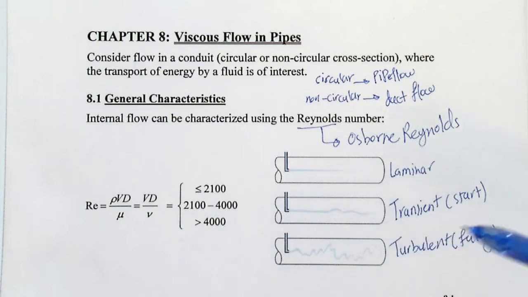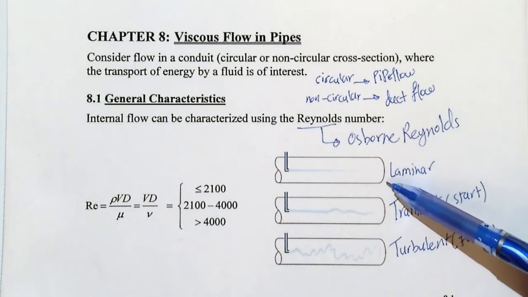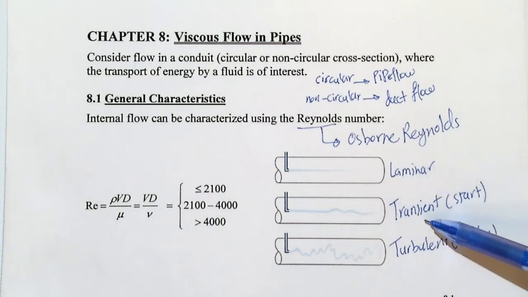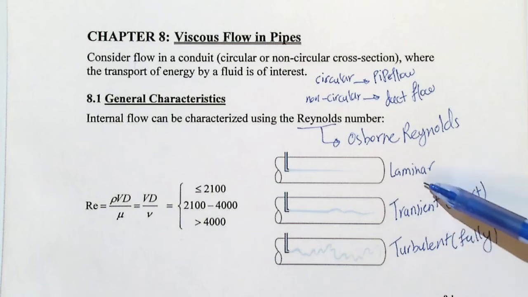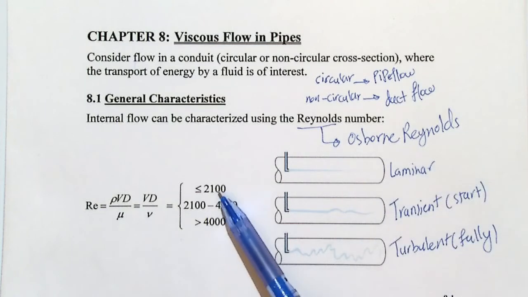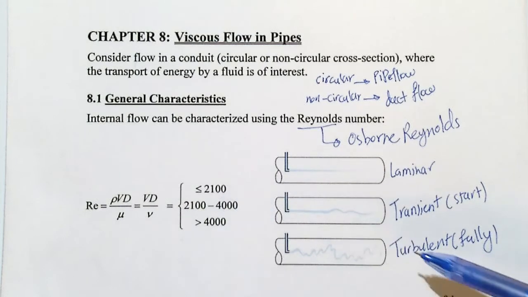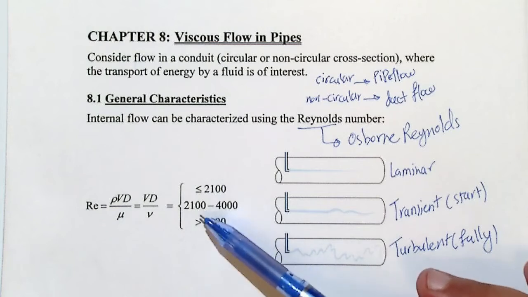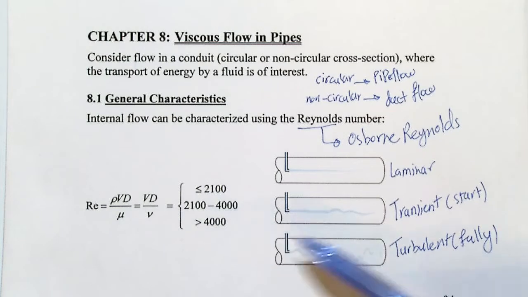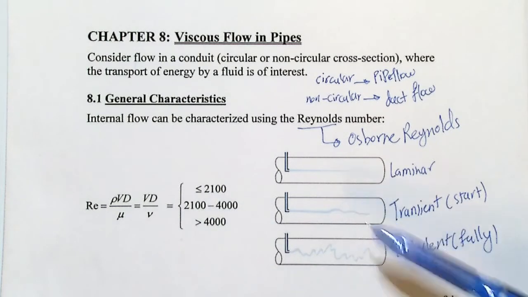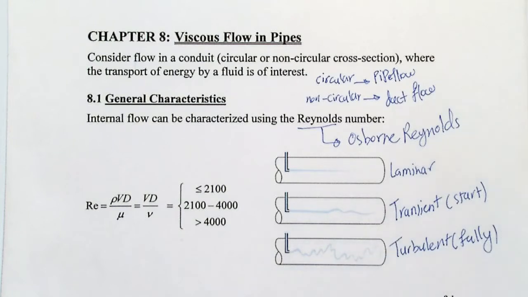These are the only parameters that affect the laminar to transition period. After 2100, it starts the transient period, and in this period of 2100 to 4000 you will have a transient but not fully turbulent flow, but after 4000 for the Reynolds number you will have fully turbulent flow.